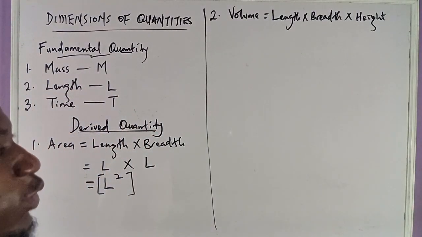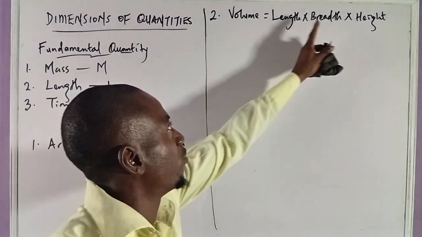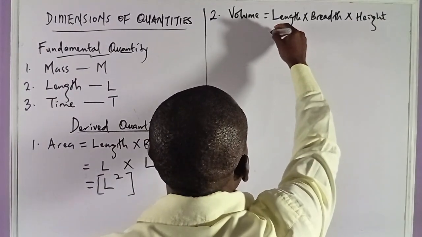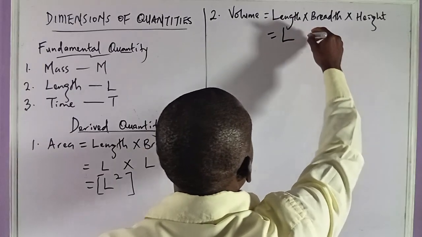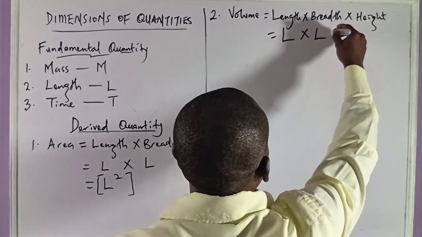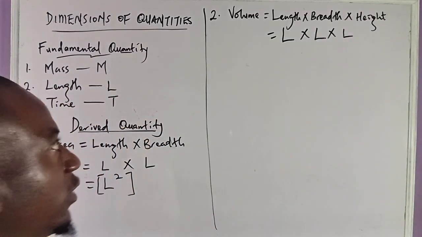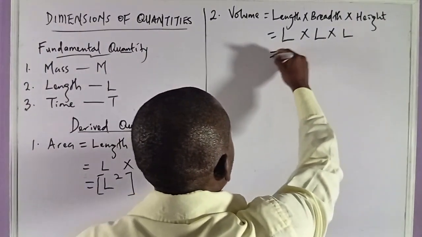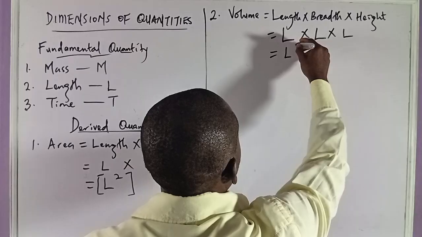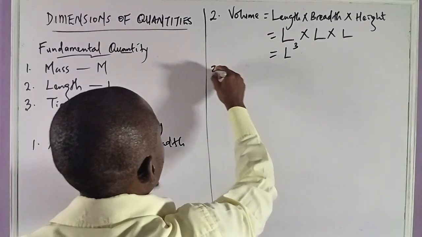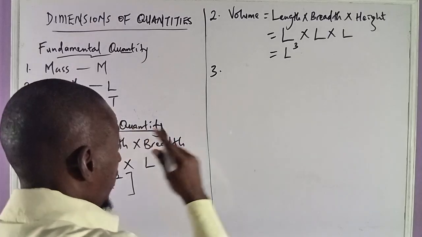So the next thing to do is to change length, breadth, and height to their dimensions. We are supposed to have L for length multiplied by L for breadth multiplied by L for height, because height is also a form of length. L multiplied by L by L, we have L cubed.